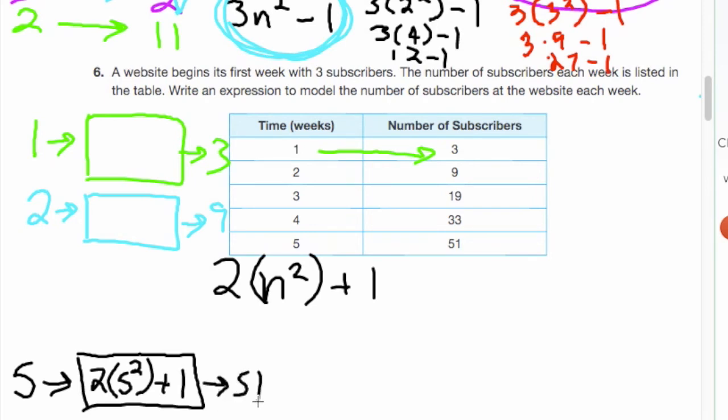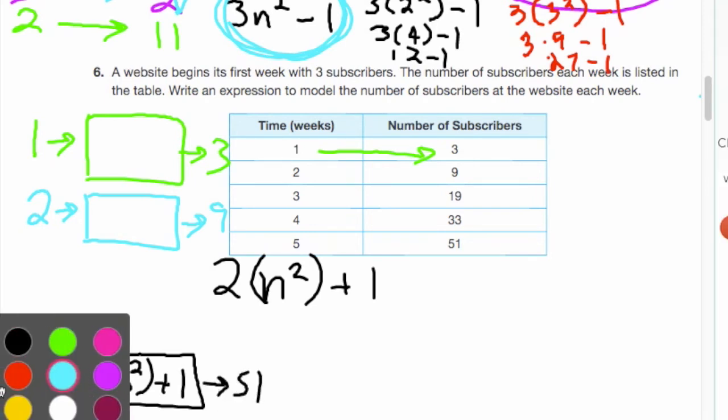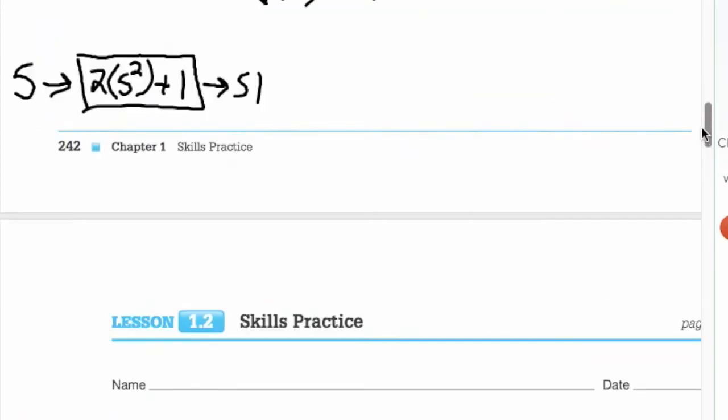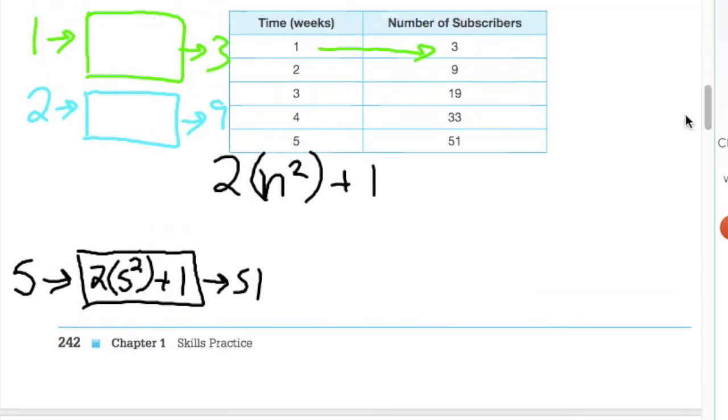Let's see if that works with the other ones. We know it works for 5, so I'm going to say 2 times 5 squared plus 1 does in fact give me 51.